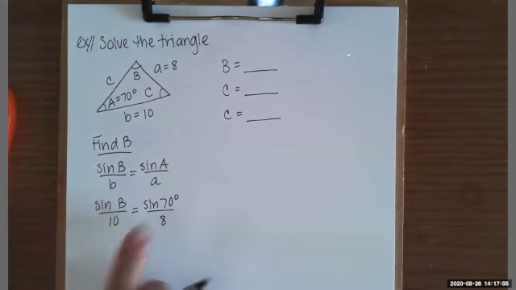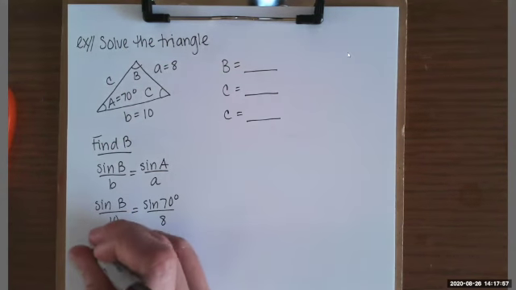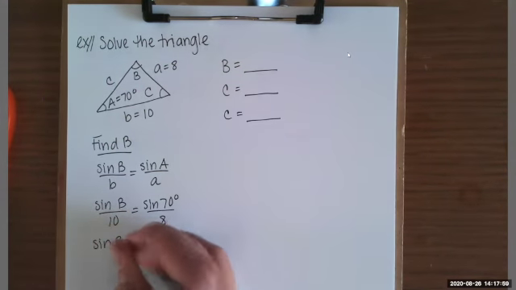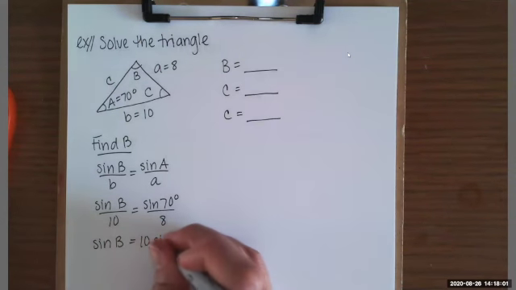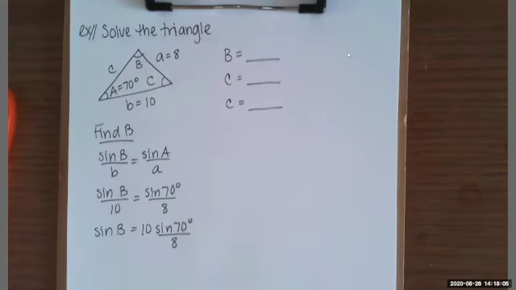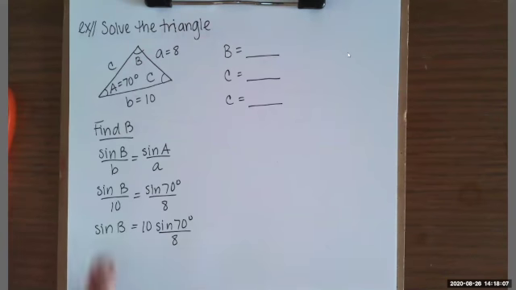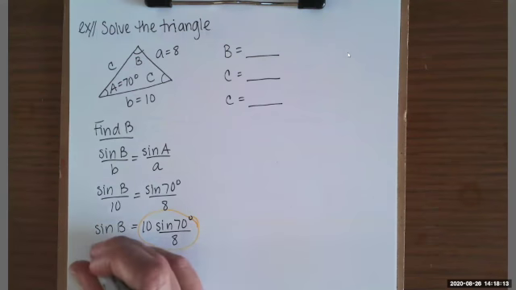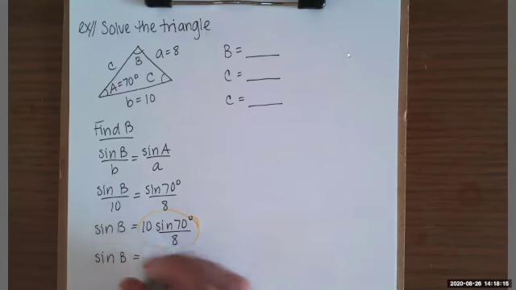We're solving for B, so my next step is multiply both sides by 10. Next step, we're going to be using inverse sine of both sides. So I'm going to put this part in my calculator. So I get sine of B is equal to 1.17.